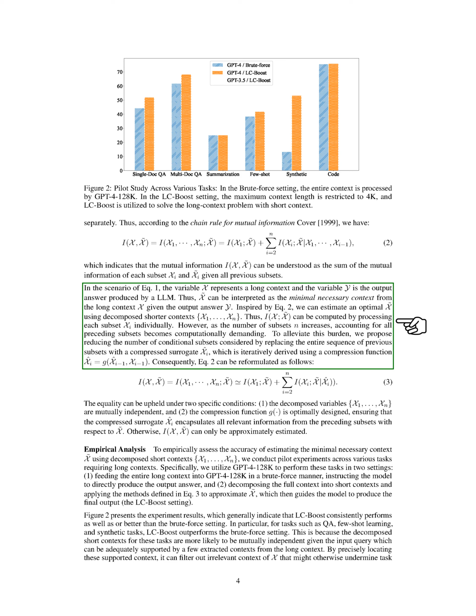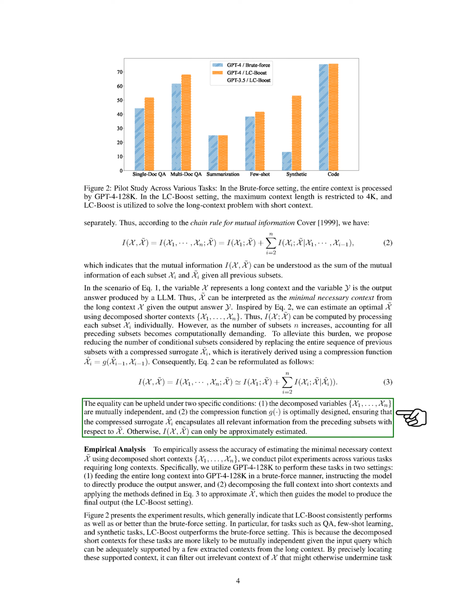By decomposing X into subsets and using a compression function, we can estimate an optimal X̃ from shorter contexts X_1, ..., X_n. This approach helps in processing each subset individually, reducing computational complexity.